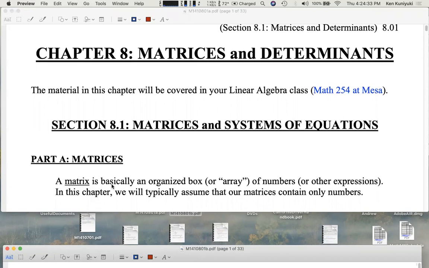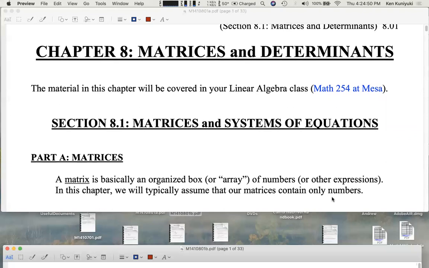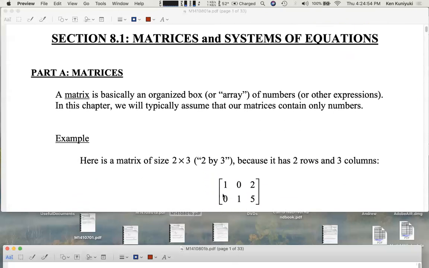A matrix is basically an organized box or array of numbers, or maybe other expressions like e to the x or sine of x. In this chapter, we will typically assume that our matrices contain only numbers, although on the homework, you will see some exceptions. So for example, this is a matrix, and we use large brackets to block off the entries of the matrix.